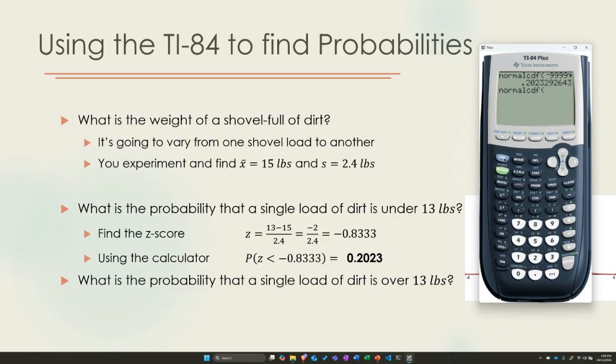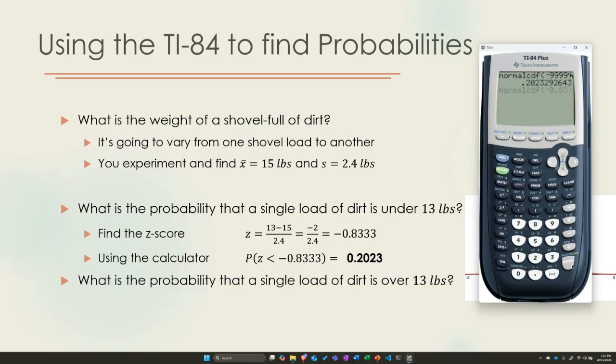So with a TI-83, you click distribution, select normal CDF, and it gives you this. Well, what's the left bound of my tail? That'd be negative 0.8333, comma, what's the upper bound? Well, it's going to go off to a positive infinity, so I just put in a very large positive number, comma, what's my mean? 0, standard deviation of 1.